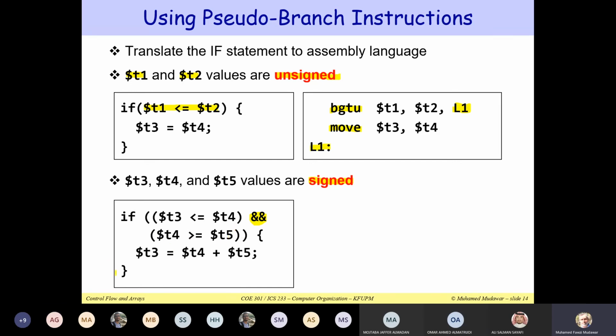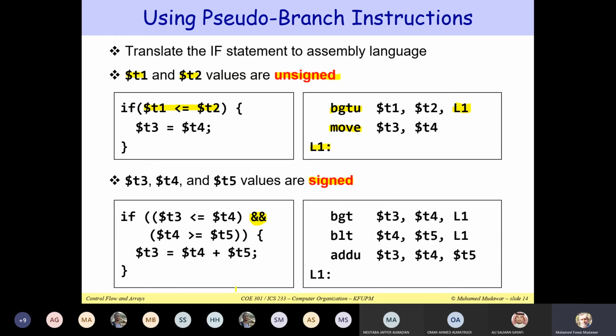T4, T5, again outside. And if I don't branch and I don't branch, it means this is true, this is true. So therefore we write an add instruction for adding T4 plus T5. Good. So notice that we have used here a branch greater than, because a greater than is not less than or equal. To skip here, notice that I'm branching outside the if statement. So this label L1 is outside.